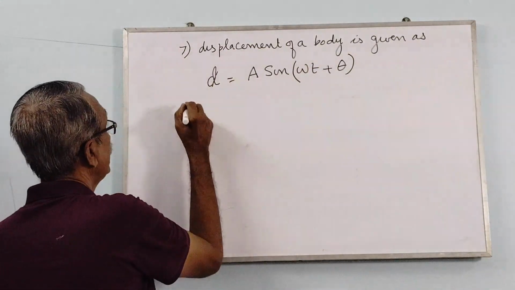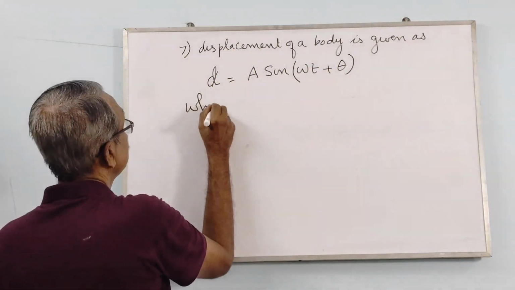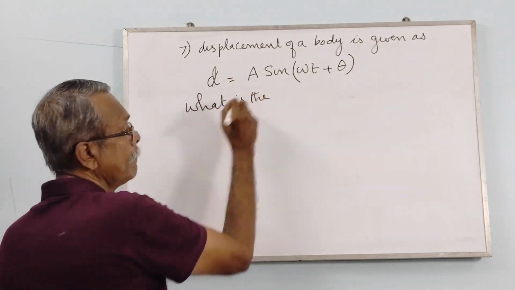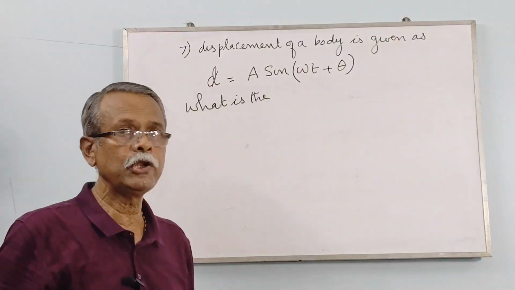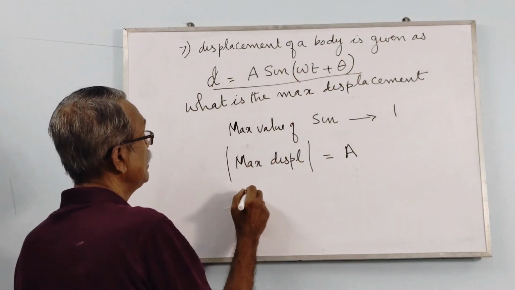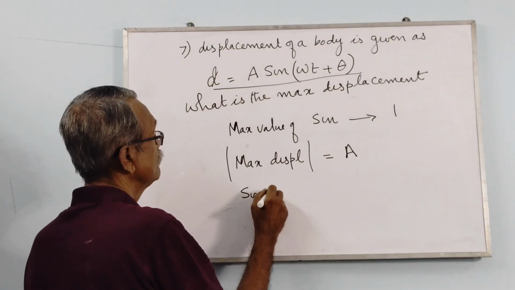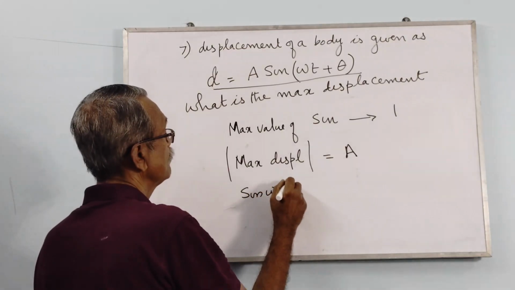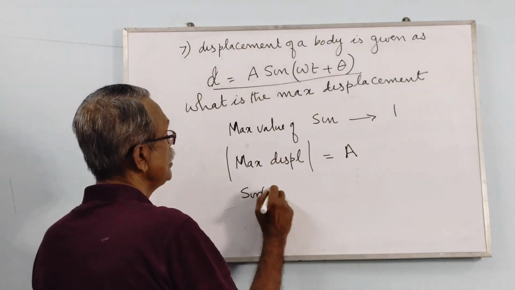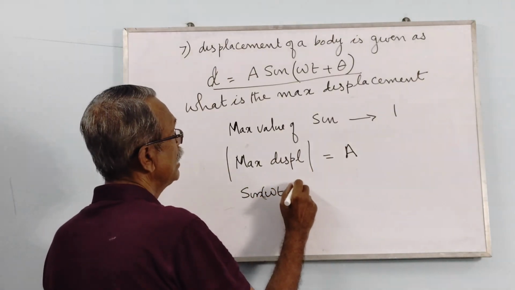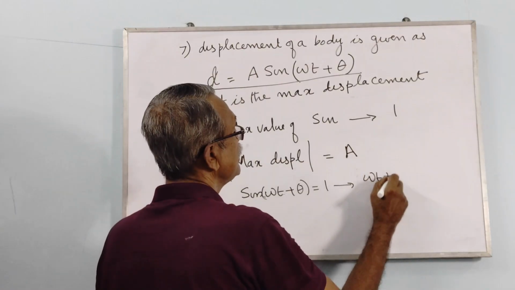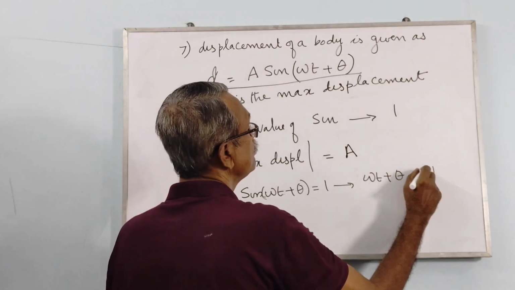And you are asked to calculate what is the maximum value of displacement. Sin omega t plus theta is equal to 1 implies omega t plus theta is equal to pi by 2.